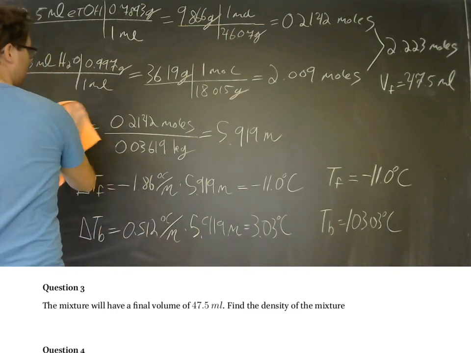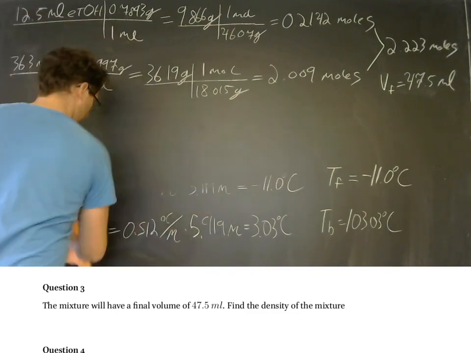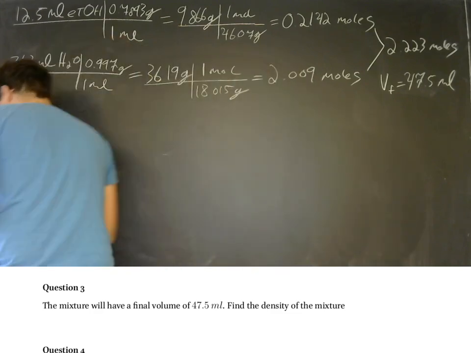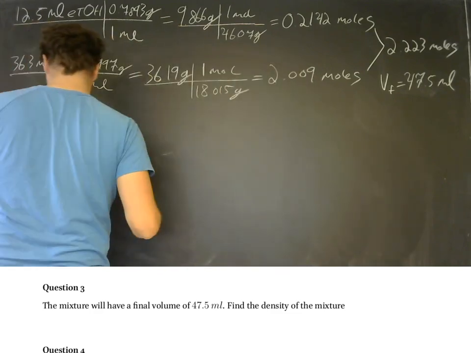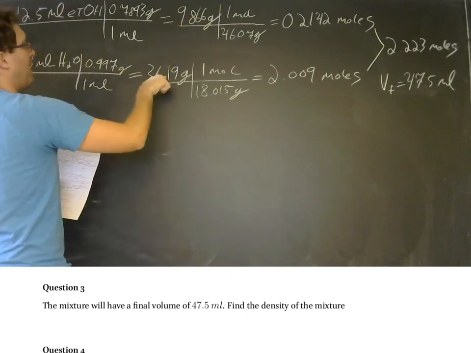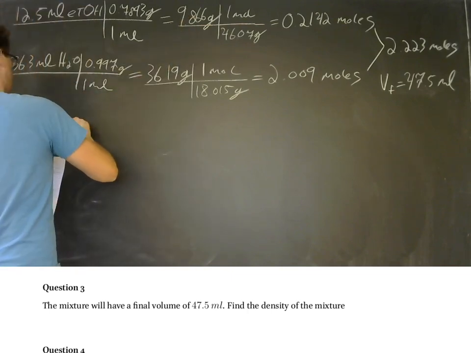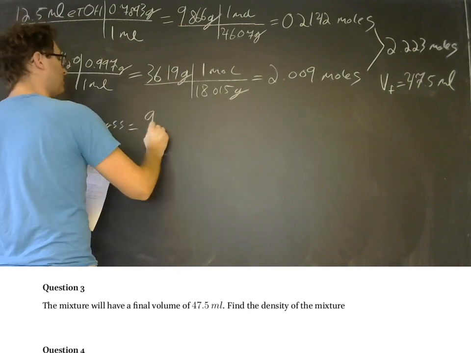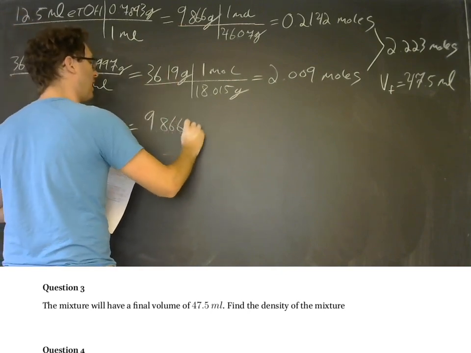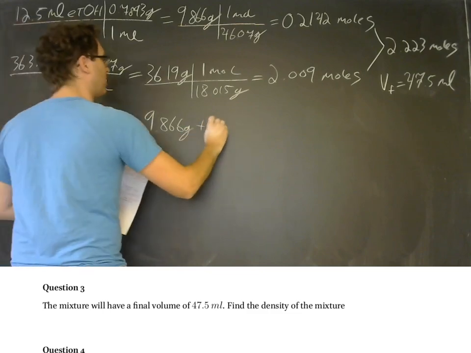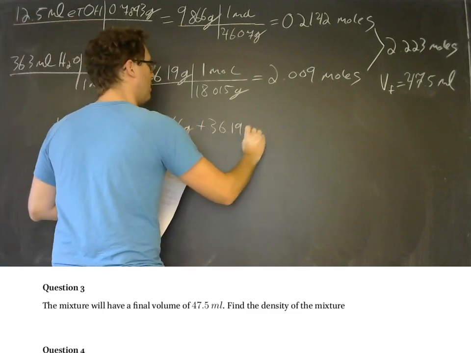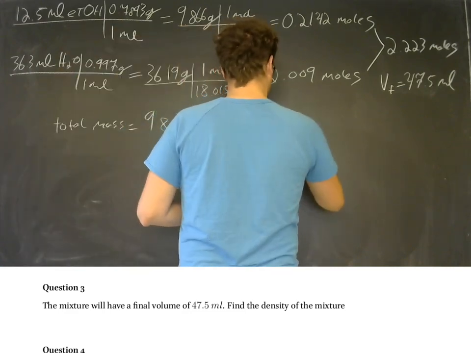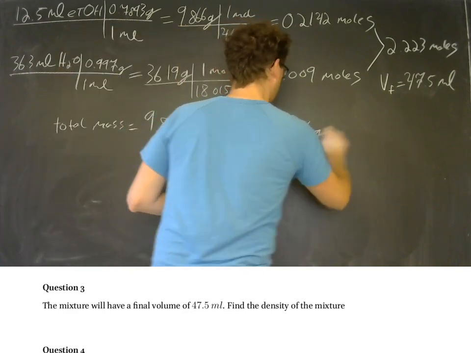Let's calculate the density of the mixture. First we'll take our total mass, and that'll be the 9.866 grams of ethanol plus the 36.19 grams of water. That gives me a total mass of 46.06 grams.